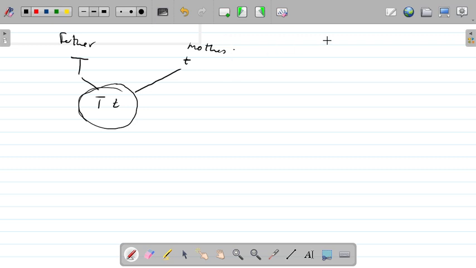So we can represent this information in a cross.